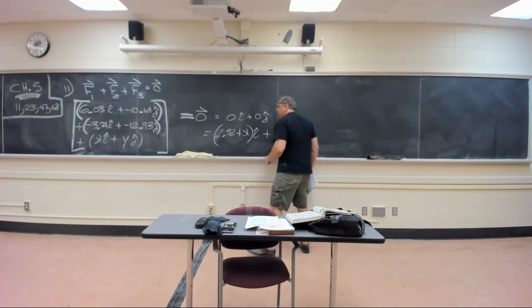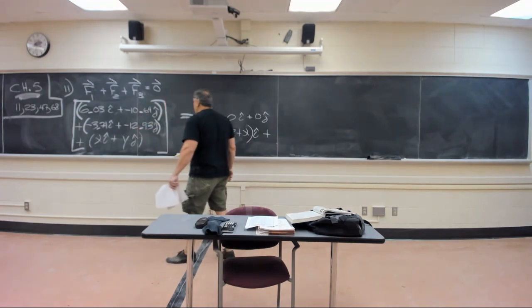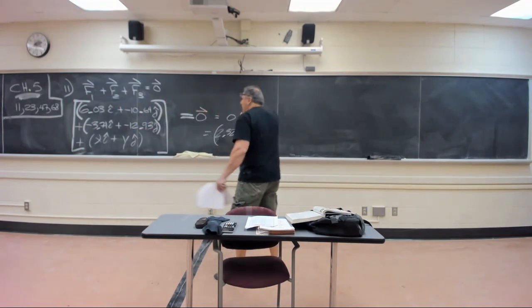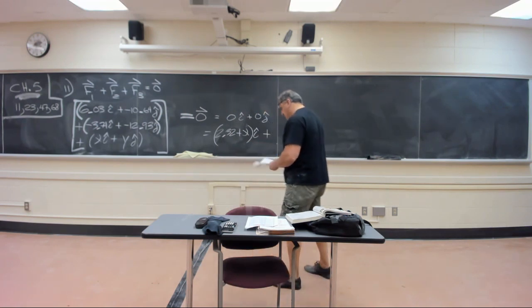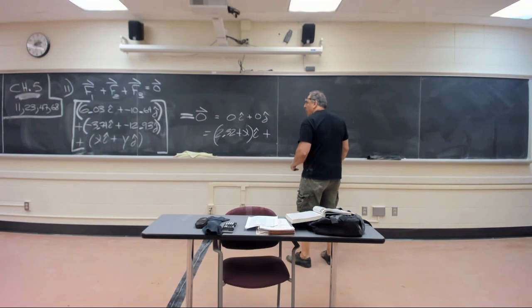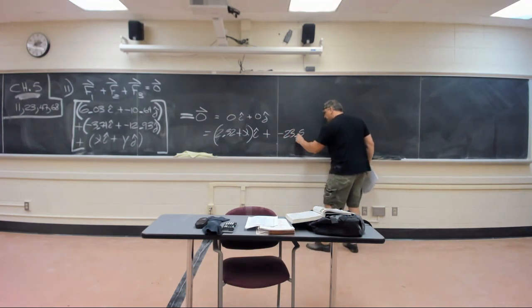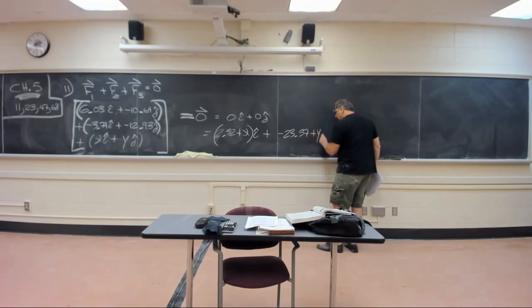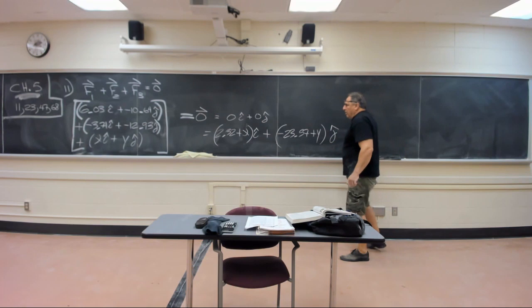And then the other one is, add this and you get negative 23.57 plus y. That's j hat. Well, let's get it straight, guys.